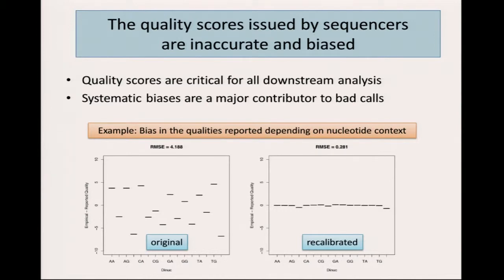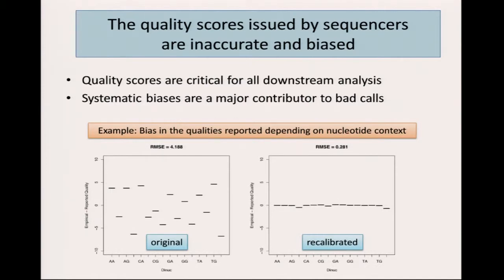This is my introductory example to show you how it can be biased. What we have here are plots by dinucleotide context. So you read an A followed by an A, or a T followed by a C. It's a two-base context, and that's what's plotted on this axis. On the other axis is the accuracy of the quality score estimate.